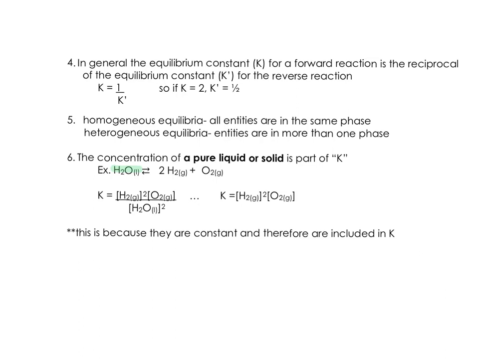So initially you would think to write H2 second order, O2 first order, all over H2O to the second order. But because that is so constant, it becomes part of the K. You could multiply by it to give you a new K. So your actual K expression would be just the entities having gas subscript, which can be a bit tricky.